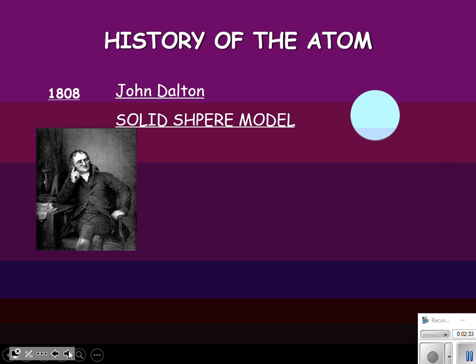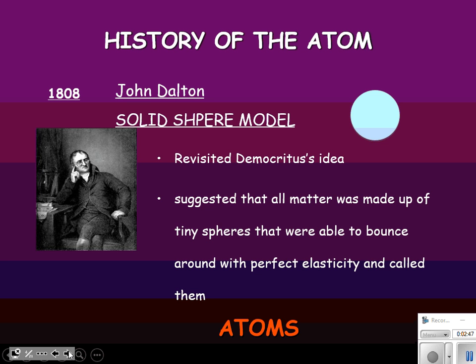John Dalton came up with what he called the solid sphere model. He looked at Democritus' idea of the atomos, and he said the atom is just a tiny little elastic sphere.